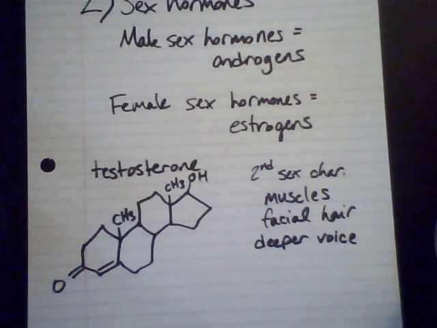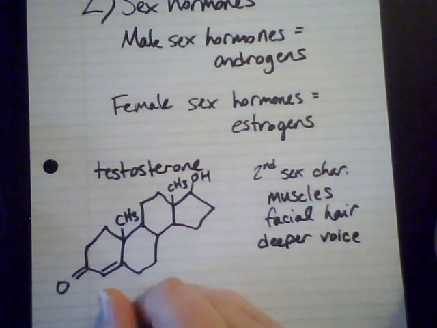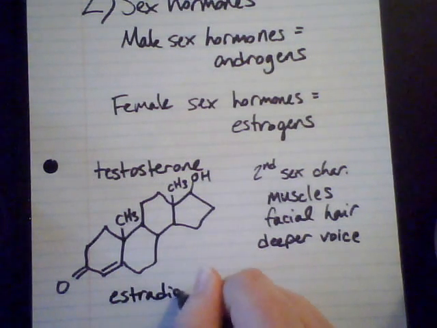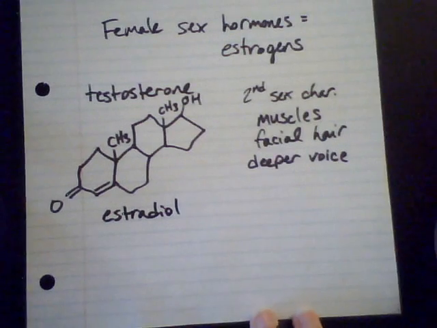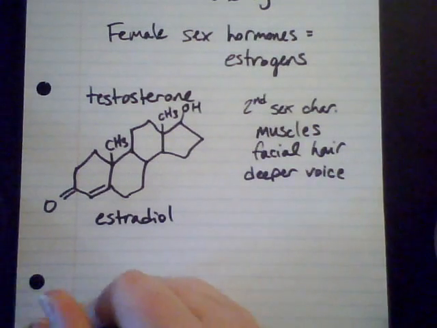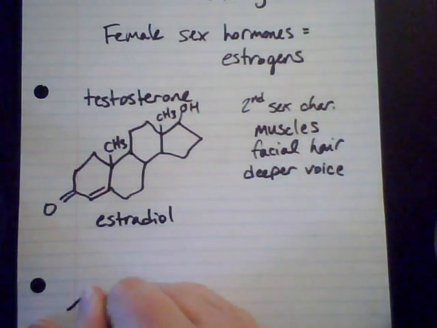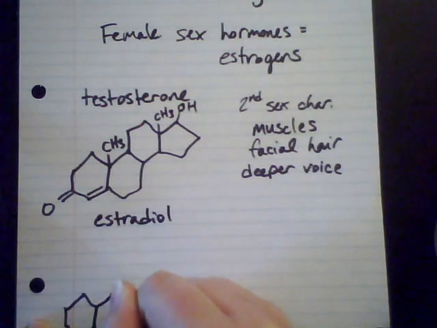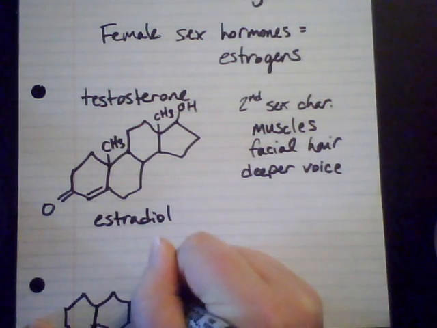If we compare testosterone to another one that is fairly familiar, and this is an estrogen, estradiol. Just by looking at the name estradiol, diol means that we have 2 alcohol groups. And so let's draw this thing. Here's our 4 fused ring structure.